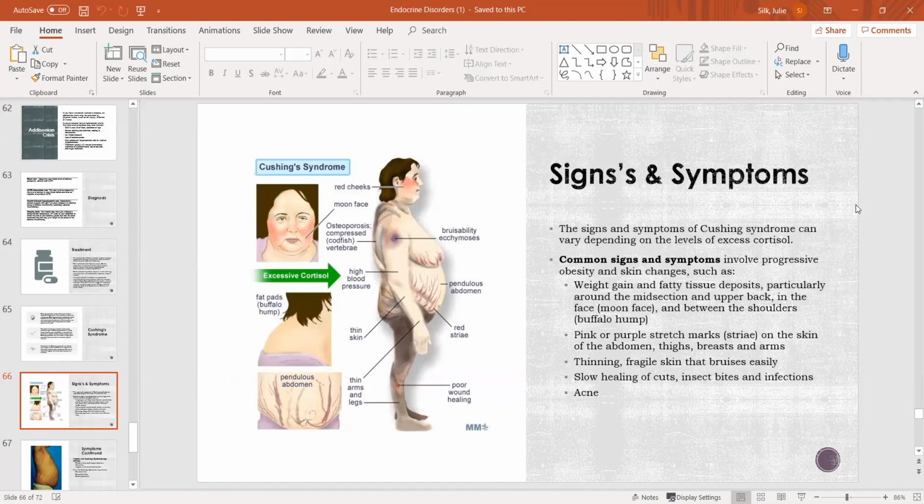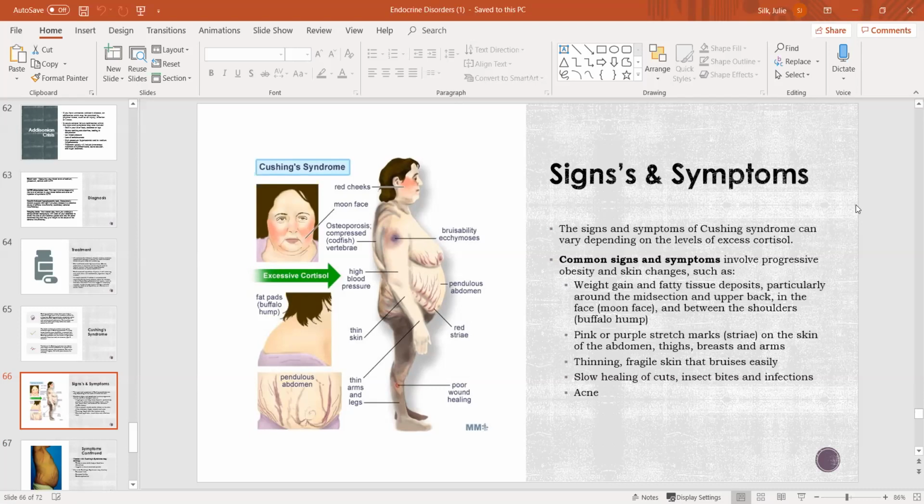Common signs of Cushing's would be they're going to be overweight, big around the middle, with lots of fatty deposits around their middle. Then they're going to have what you call a moon face, so their face is shaped differently and looks fuller. The other thing they're going to have is a hump between their shoulders on their back. This is called a buffalo hump.